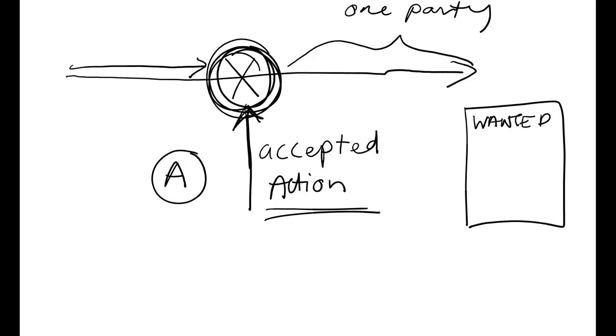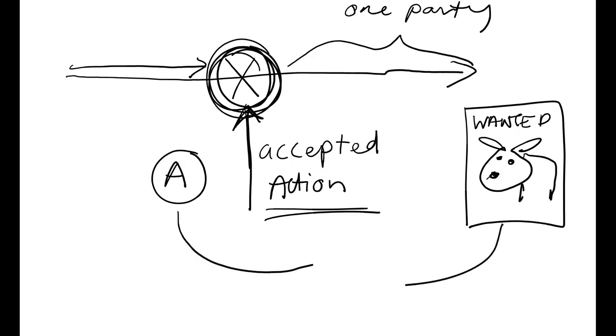But I put up a poster, my dog is lost. I reward $100, you find my dog. The minute somebody brings me my dog, they've done their bit, and the only person who has to do something is me. That's pay my $100. Okay, so only one party, at the point the contract is made, only one party has to do something.